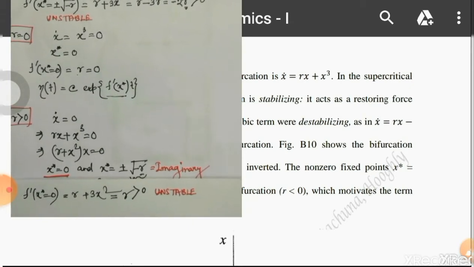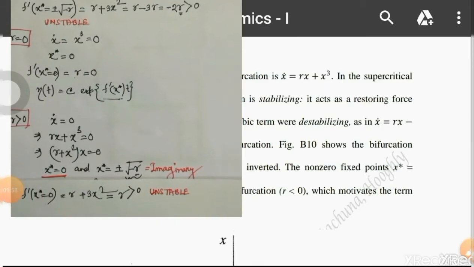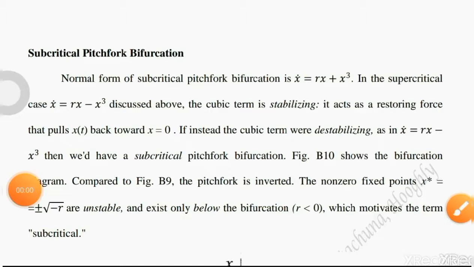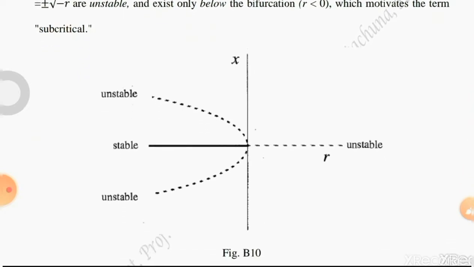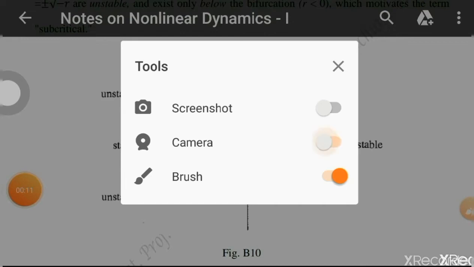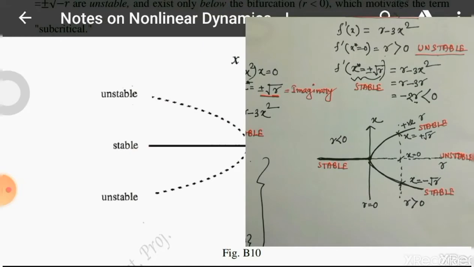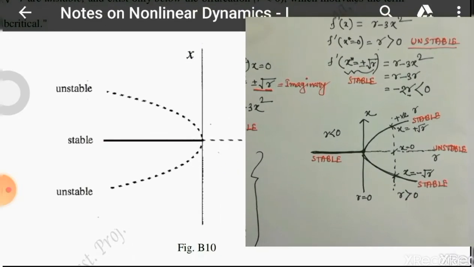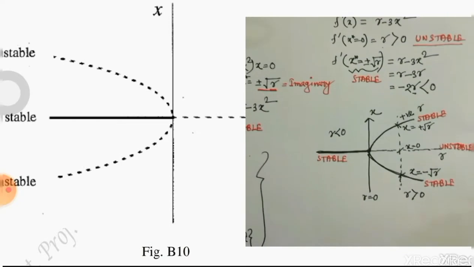Okay, so next we will draw the bifurcation diagram for subcritical pitchfork bifurcation. The bifurcation diagram for subcritical pitchfork bifurcation will look like this figure. If you compare this with the bifurcation diagram for supercritical bifurcation, the diagram was like this one.